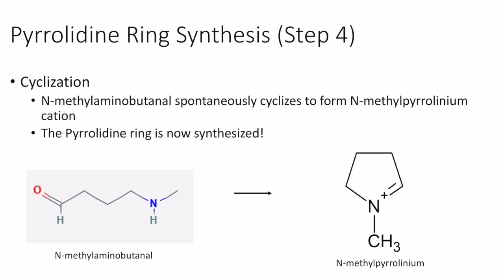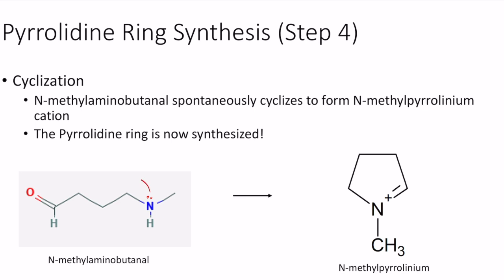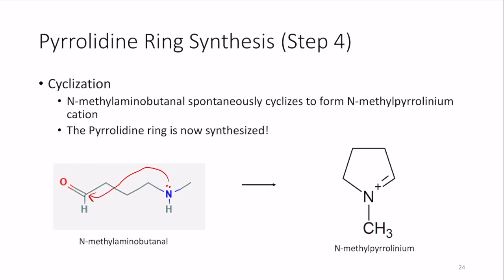This nitrogen will attack into the aldehyde, and it'll form a cyclization after a deprotonation to form the double bond here. So now we have our pyrrolidine ring that is used in the formation of nicotine.